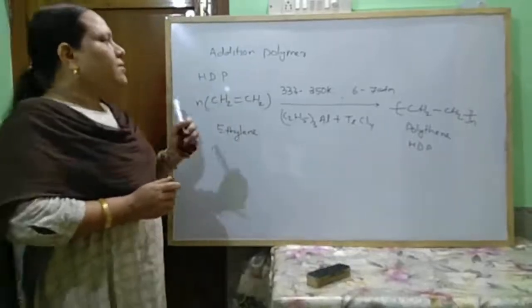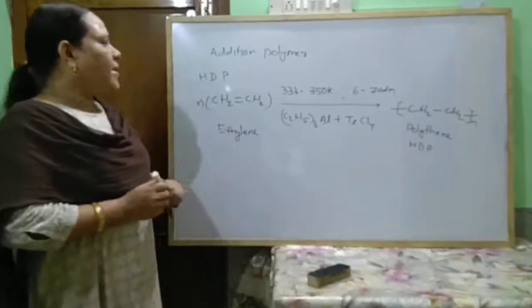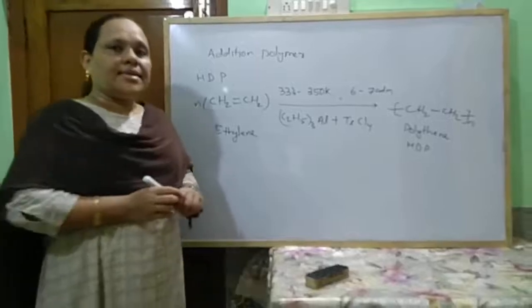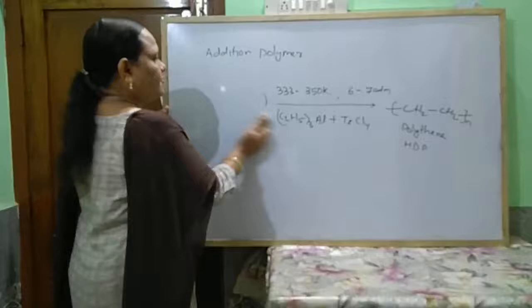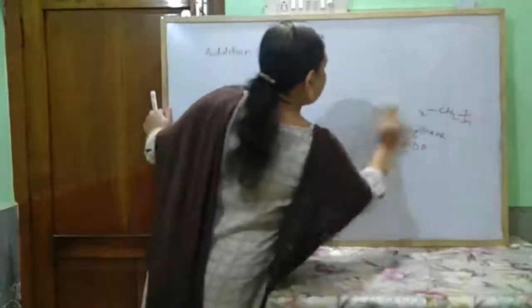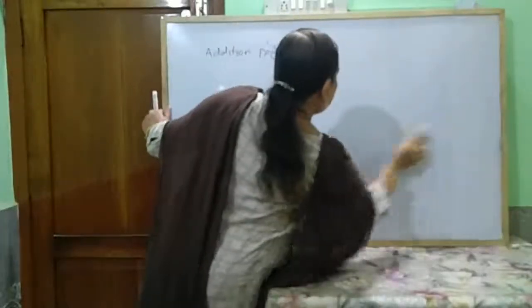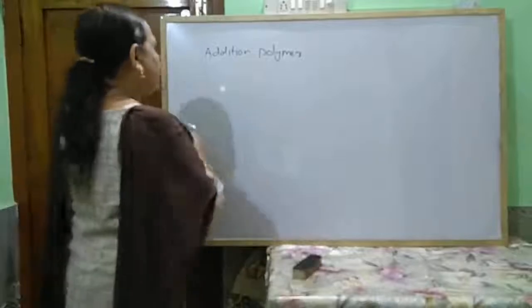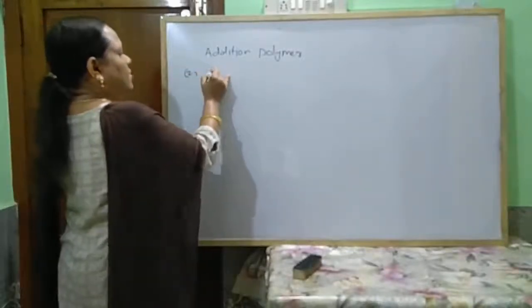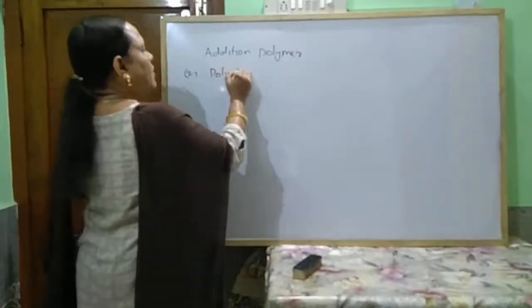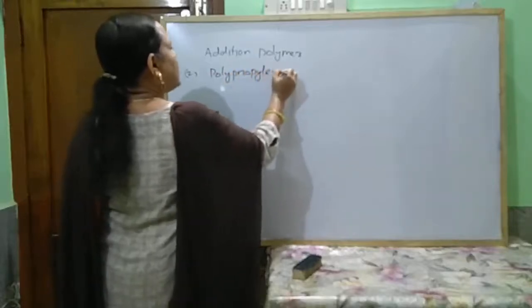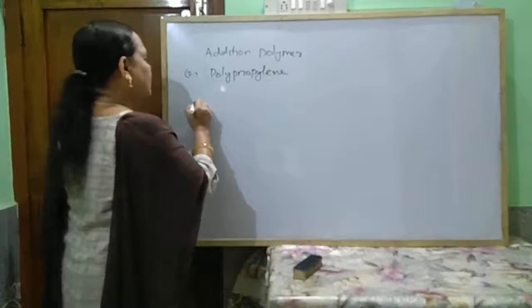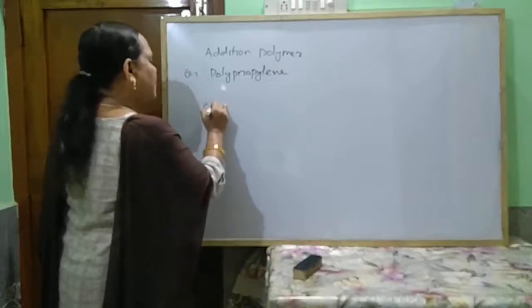Next, another type of addition polymer, polypropylene. Here the monomer is propene.